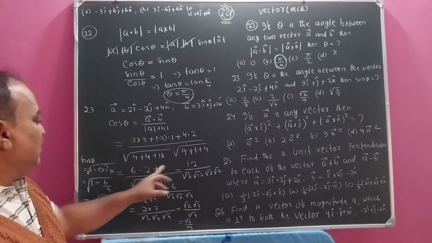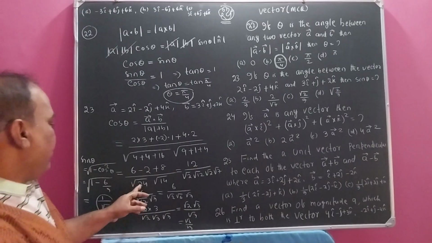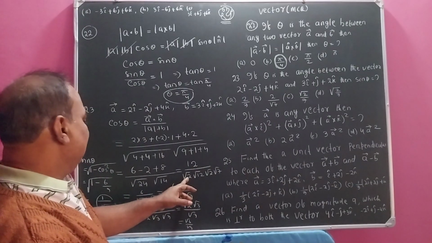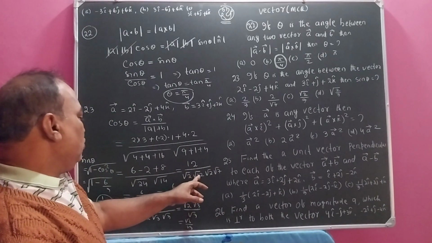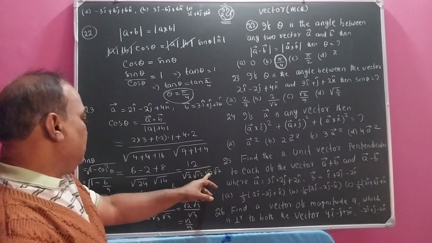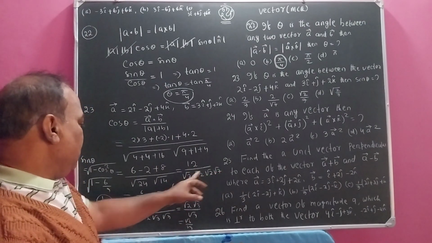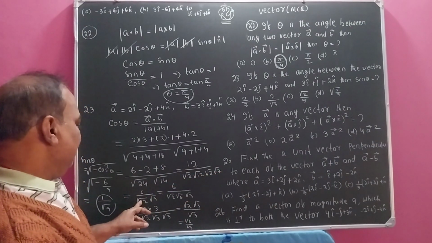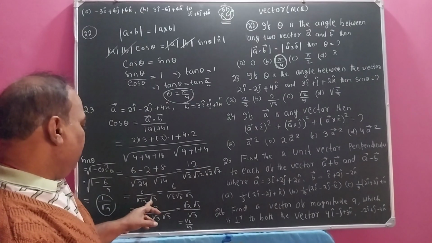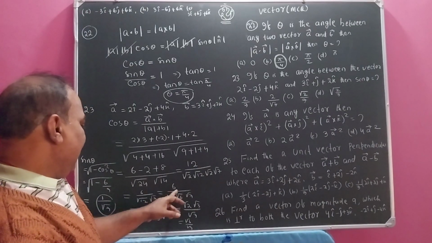Here it is 12. 24 can be written as root 2 into root 12, root 2 into root 7.